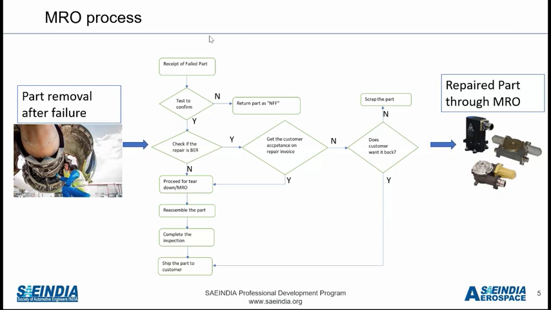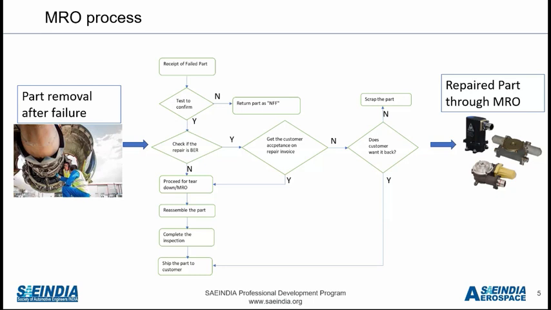Generally, whether it is an MRO or repair station at a supplier end or at an airliner end, as soon as a part has failed or been flagged as a failure from the aircraft, it has to be sent to the MRO facility, right?